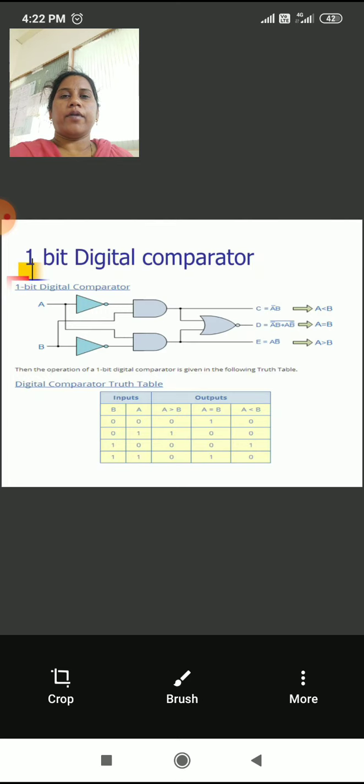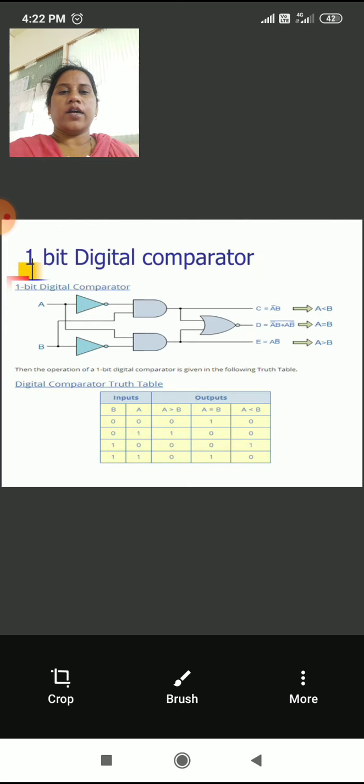But when we apply 0 and 1, that means one input is 0 and the other input is 1, when it multiplies 0 into 1, the output will be 0. That is nothing but the truth table for the AND gate.